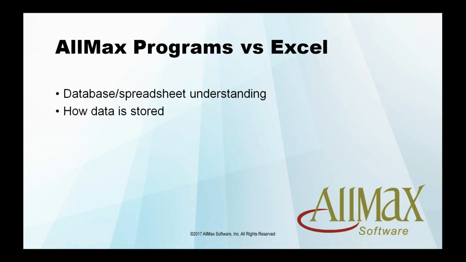So the big question is, how is data stored? Think of the spreadsheet as a two-dimensional function of data. Two-dimensional basically means having length and width, or rows and columns.